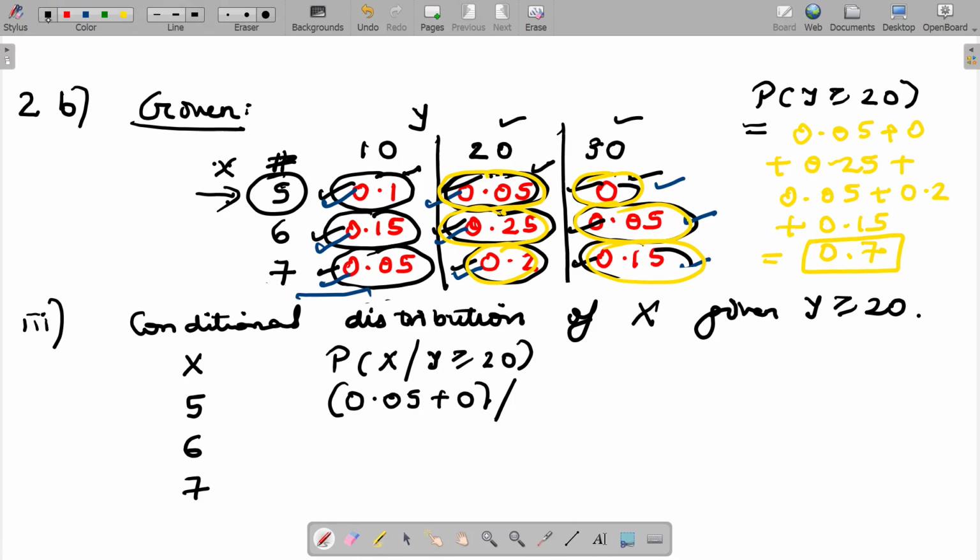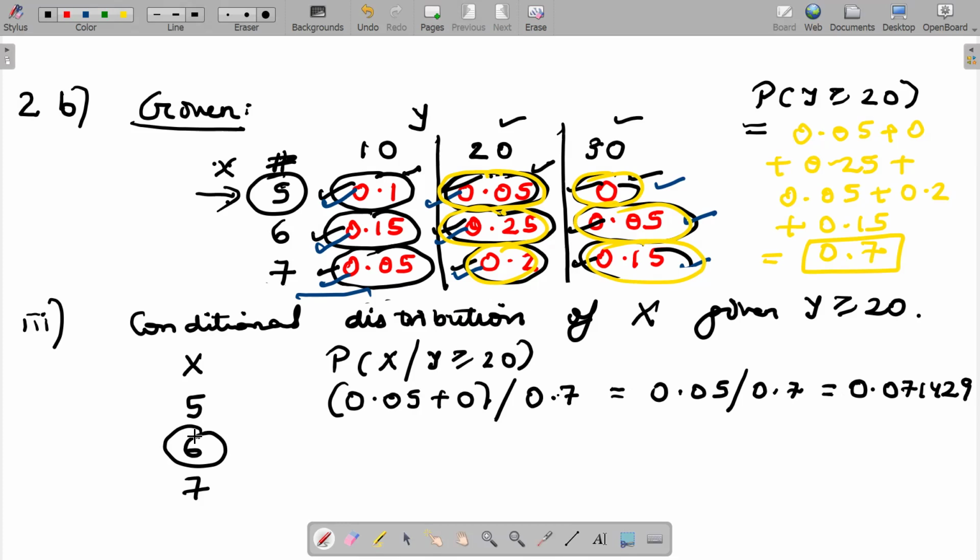That means I divide by the total, which is 0.7. So this gives me 0.05 over 0.7, which is, use your calculators and verify, 0.071429.